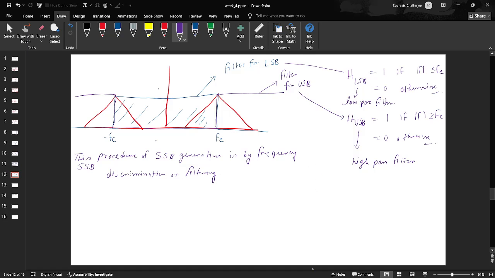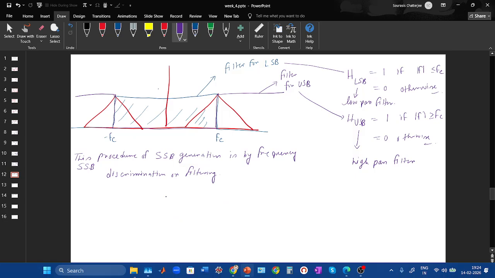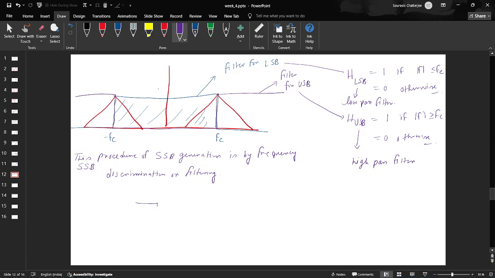But the issue is, in this method of SSB generation, you are relying on this kind of sharp, ideal cutoff frequency behavior of the filter for both sides. But this doesn't happen in practice.